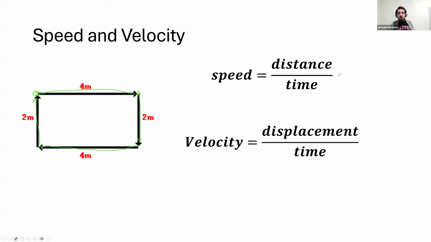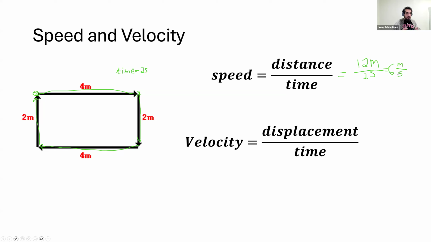So we would say this is 12 meters distance covered. And let's say that this happened in a time of 2 seconds. If it took 2 total seconds, it would be 12 meters divided by 2 seconds. This would be 6 meters per second.